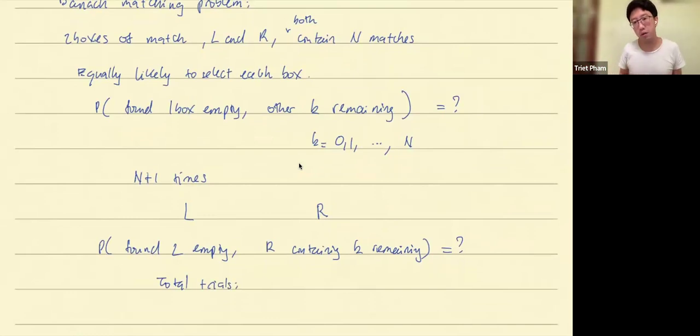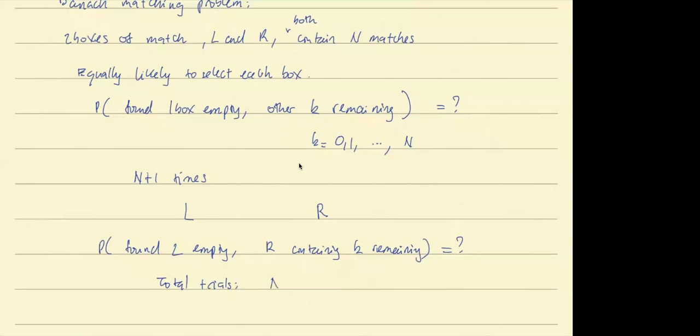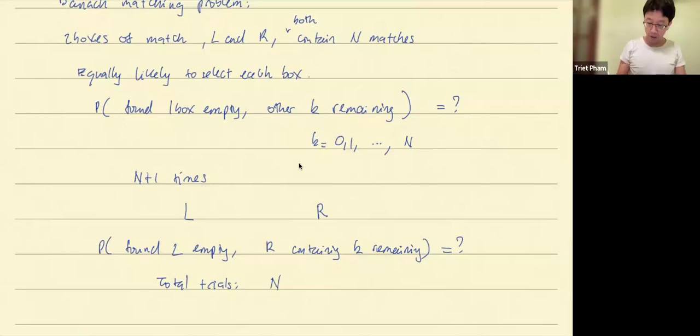It's called total trials: n+1 plus n minus k. So n for the left, n minus k for the right, and then 1 for the last one, to reach into the left pocket and find it empty. It's in that sequence in the sense that this one must be the last action. Does it make sense? To find the left empty.